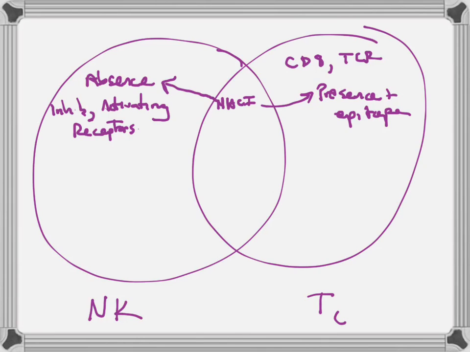MHC1 typically presents intracellular pathogens, whereas MHC2 would present ones that have been phagocytized and brought into the cell. So that difference really comes down to the difference between TC cells and T helper cells. T helper cells recognize the MHC2, and particularly what we might consider to be external pathogens. Okay.